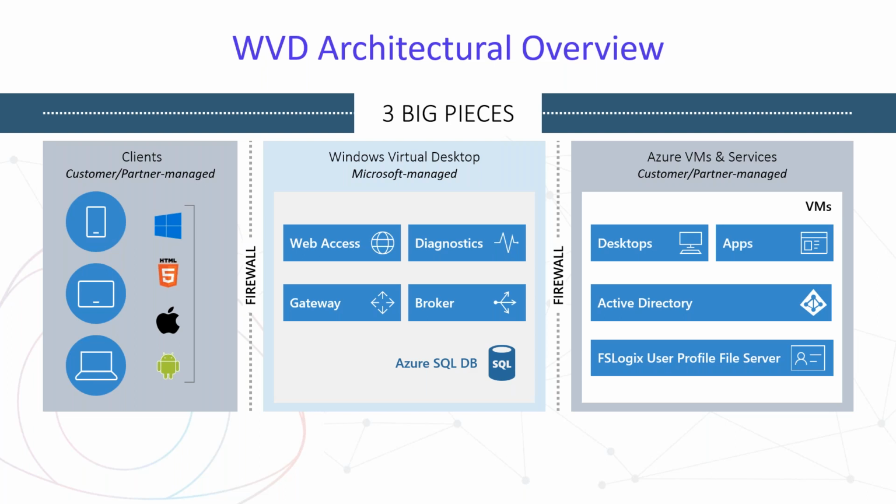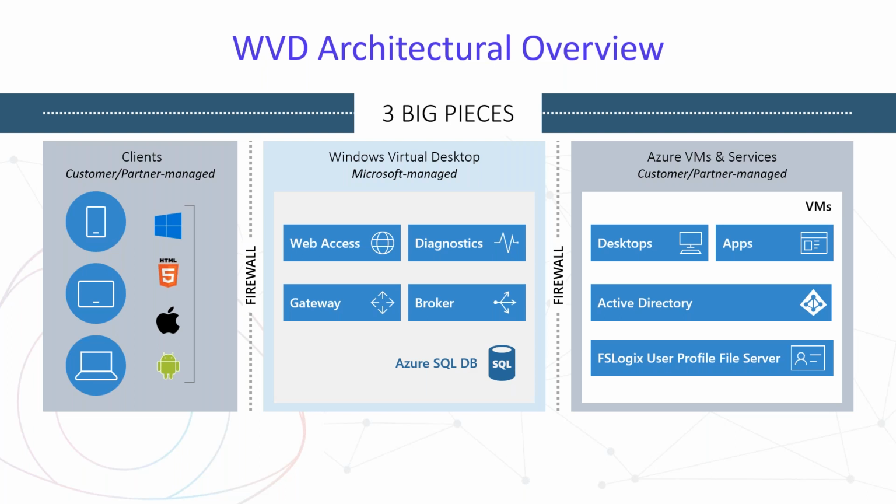WVD takes the pain of managing that on-premises infrastructure away by being a Microsoft-managed service. So you saw earlier when I had to sign into the web interface, all that authentication, the connection, and the load balancing is managed by Microsoft as part of the host pool access that you spin up in Azure.